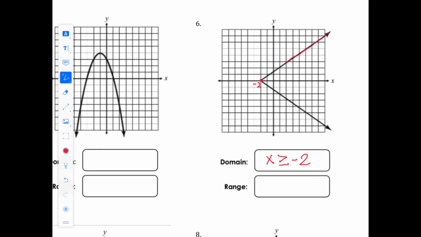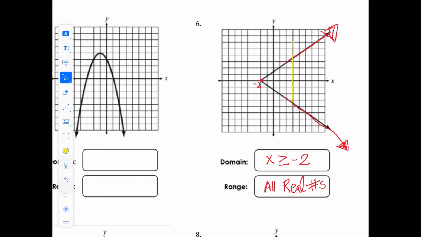Our range, however, because of those arrows, goes on and on in the positive big direction. This one goes on and on in the negative little direction. And it continues without bound. So our range would be all real numbers.